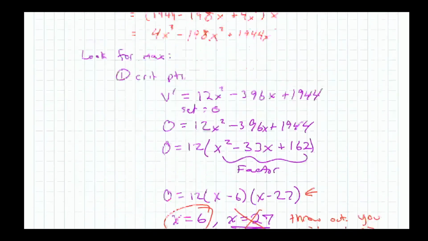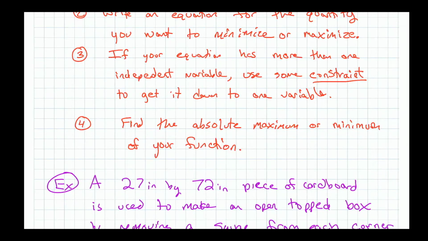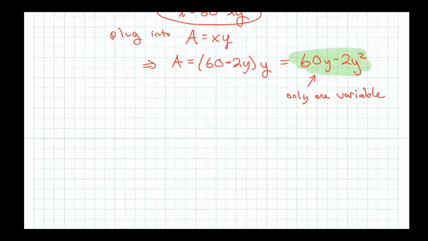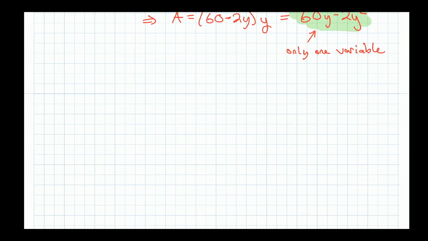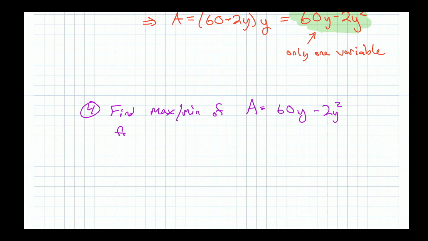Now we should have an equation that we just maximize. So step 4: find the absolute maximum or minimum of your function. Find the max/min of my area equation, which is area equals 60Y minus 2Y squared, for Y in, now again, this is the part that you don't have to do.